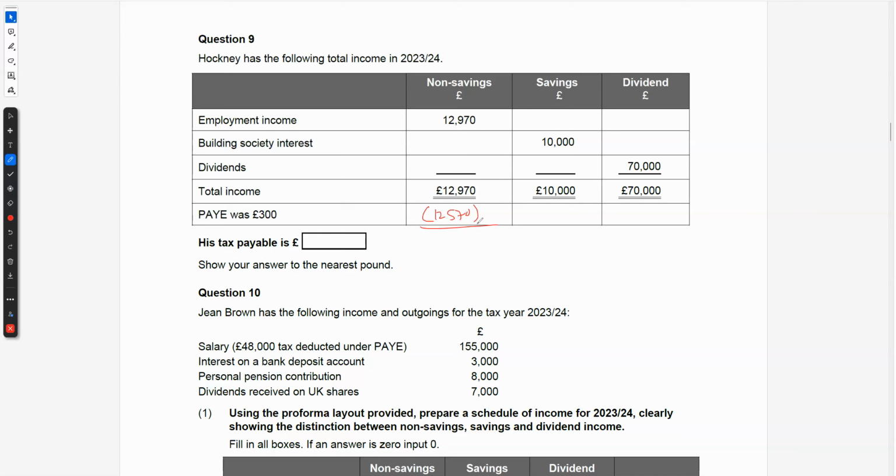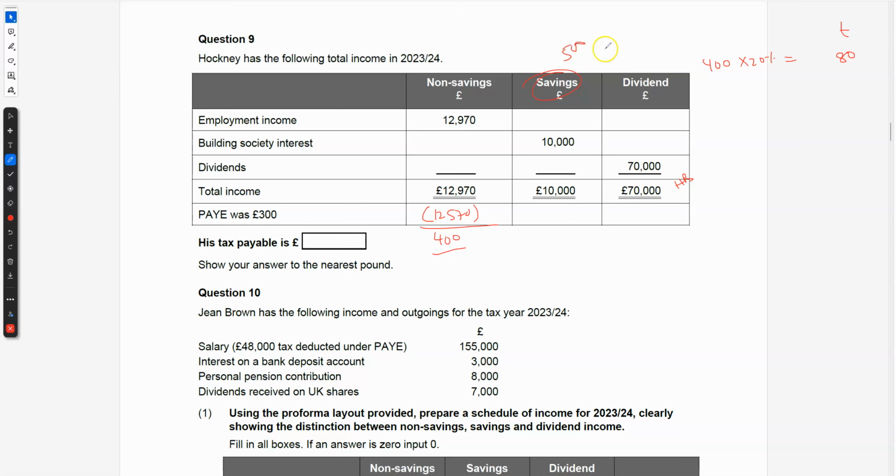12,970 minus 12,570, that's 400. We have a non-saving, saving, and dividend, and the saving is 10,000 and dividend is 70,000. So let's do that. The first 400, I'll pay the basic rate tax. This is 20%, so that will be 80. Then I'm a higher rate taxpayer, so I'll have some allowance for the base savings.